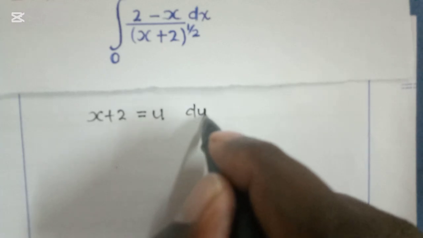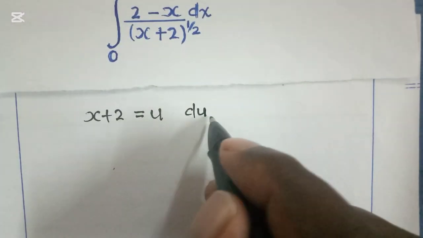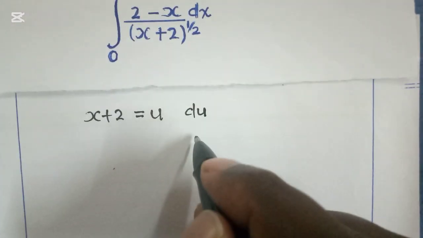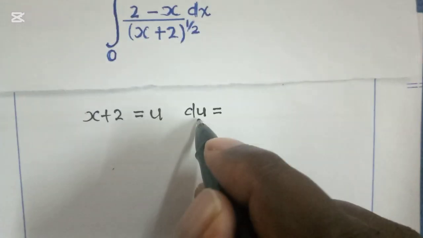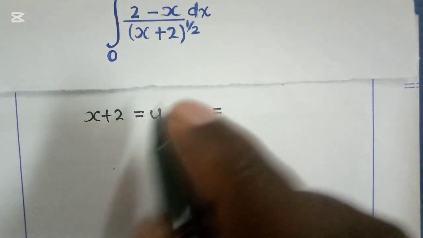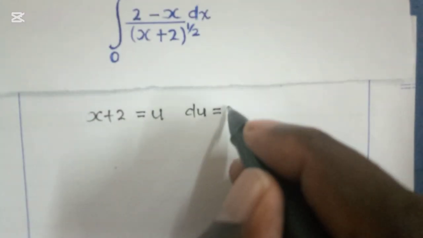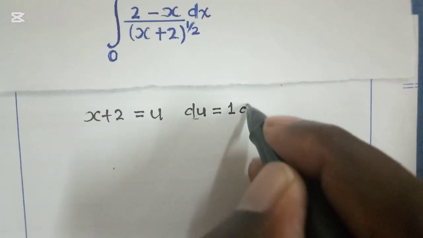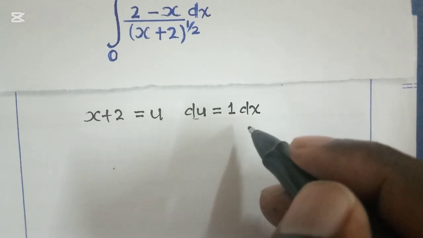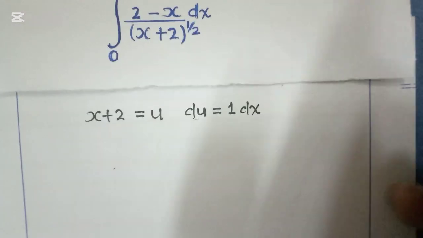So this one will be du over dx, and if you differentiate x, you get 1. So I can remove my dx here and write du equals dx. So that's what we are going to find.